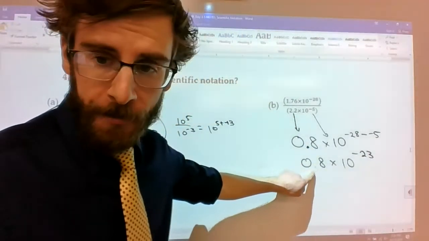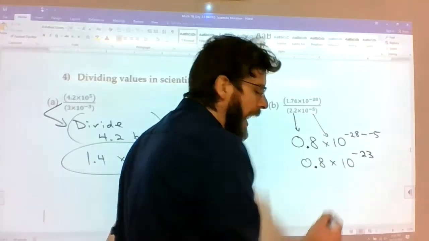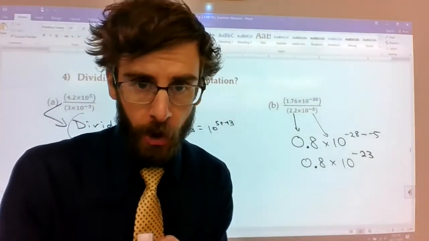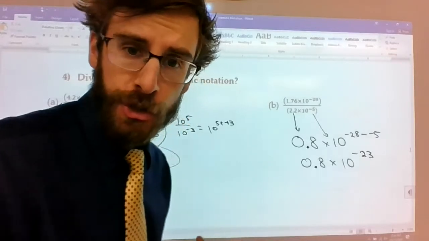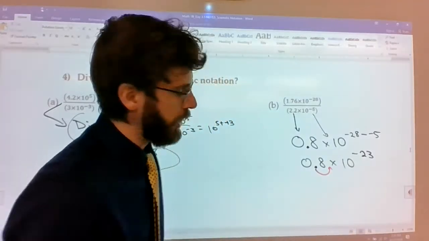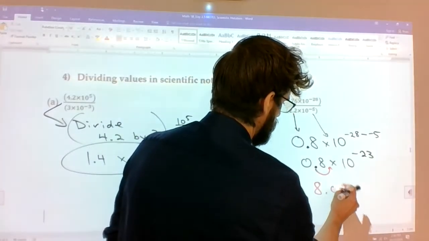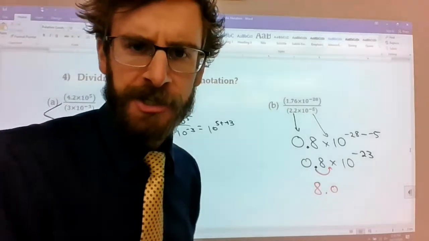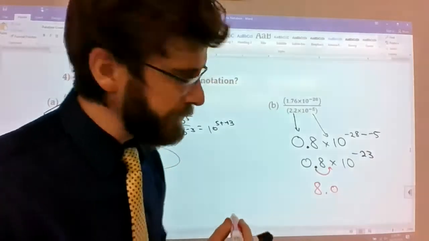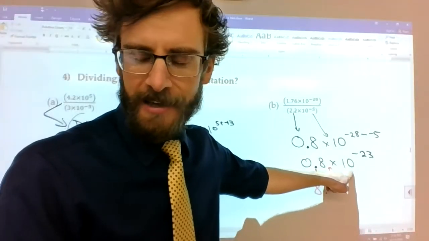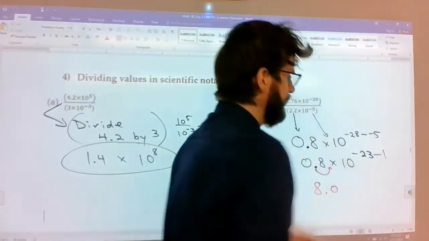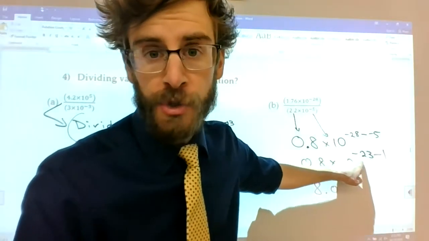And now we have a number that's not quite between 1 and 10. So what we have to do is we have to borrow a power of 10 to turn 0.8 into 8.0. So borrowing is like subtraction. And the only reserve we have for numbers are right over there. So it's kind of like, hey, I borrowed 1 power of 10 from somebody that already owes 23.